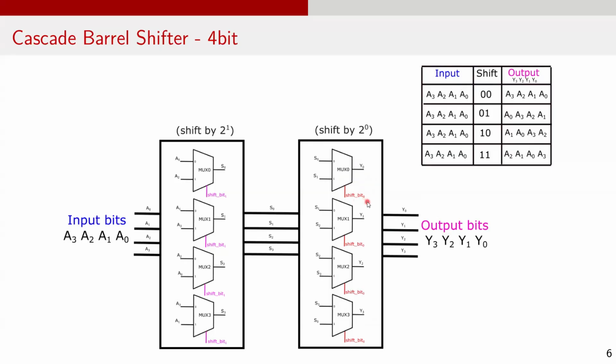When shift bit 0 is asserted, the data from stage 1 is rotated right by one additional position. Otherwise, it passes through unchanged. By combining the effects of these two stages, this barrel shifter circuit can perform rotate right operation from 0 to 3 positions. The truth table here summarizes the output for each possible shift value.